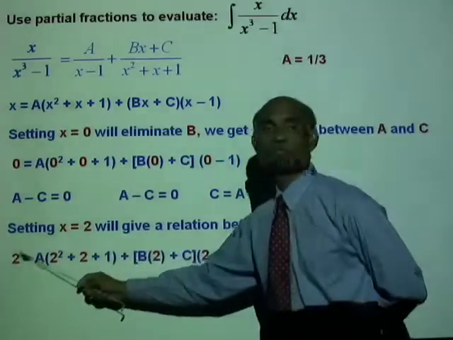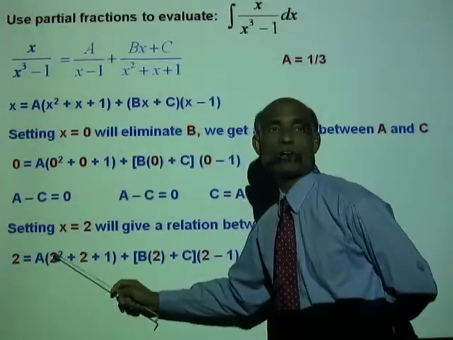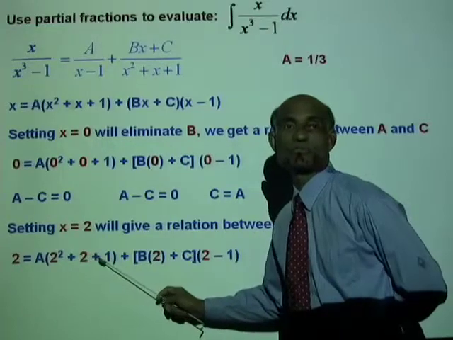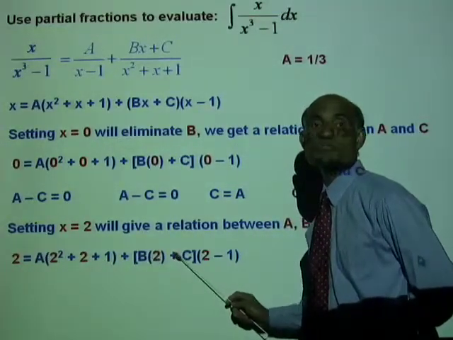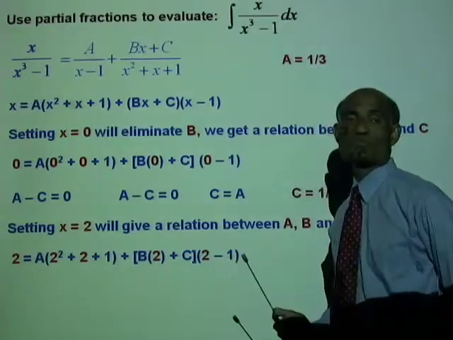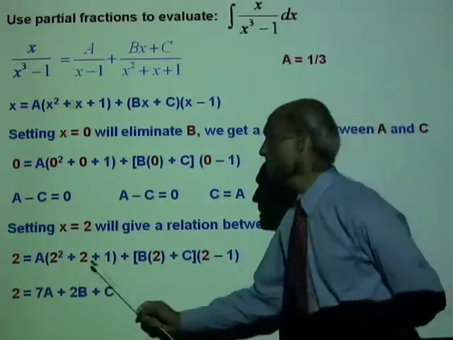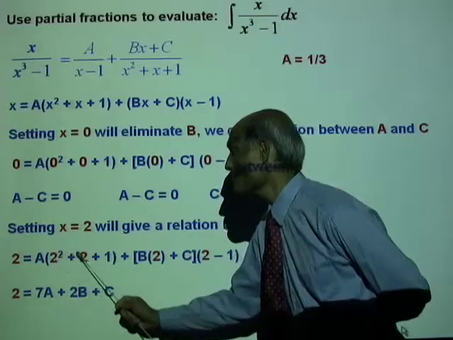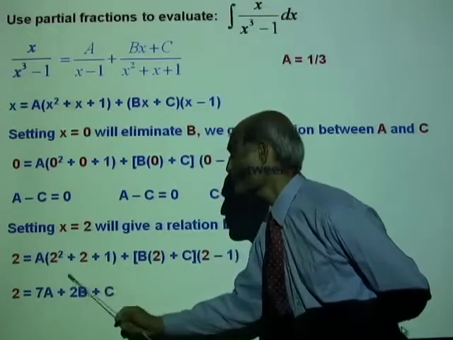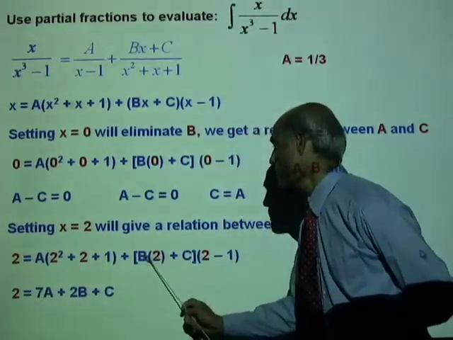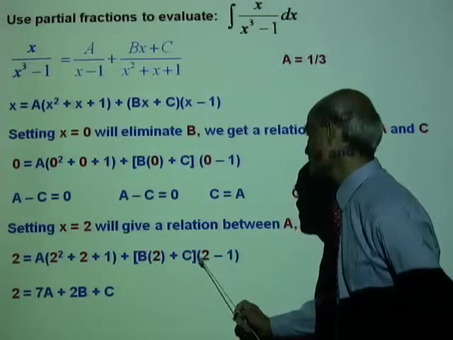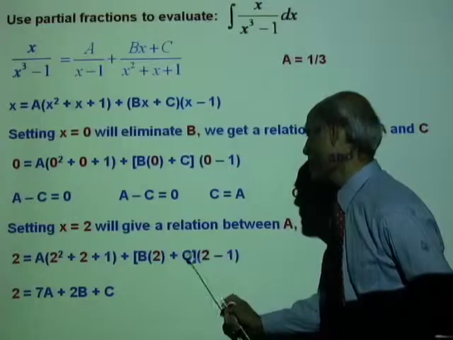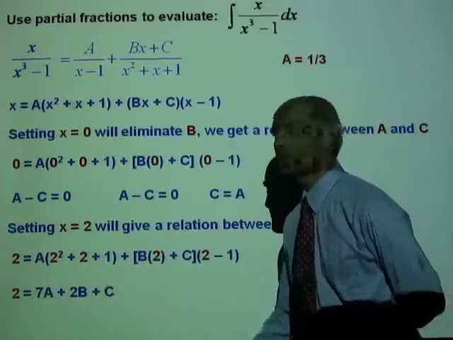And that will give you 2 equal to a times 2 squared plus 2 plus 1, plus bx plus c, which is b times 2 plus c, times 2 minus 1. This will be 4 plus 2, 6 plus 1, 7, so 7a plus 2b. Is that right? Now 2 minus 1 is 1, so there will be 2b plus c.